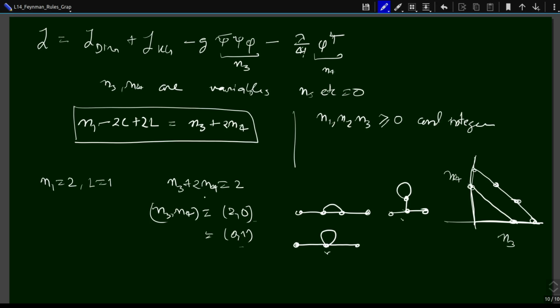This is how we'll do our graph theory. We can ask for different kinds of diagrams from here on, but let me stop over here for the purposes of graph theory. We'll use this information whenever we do expansions of these.